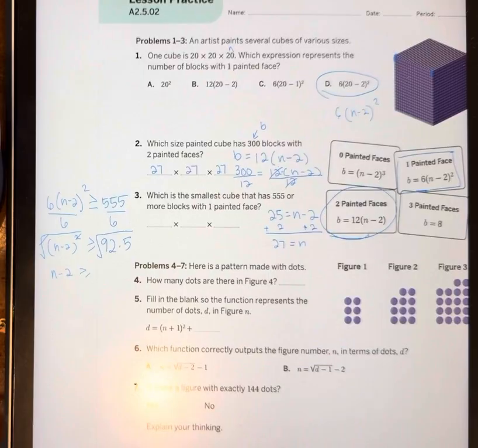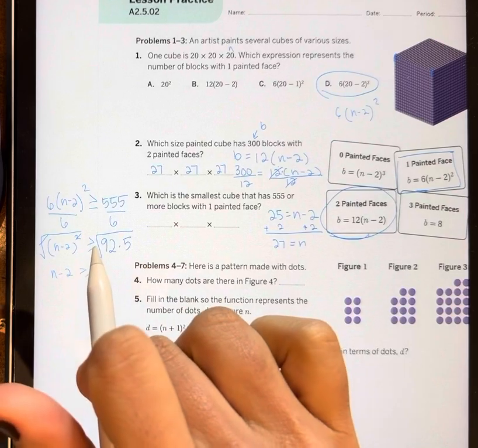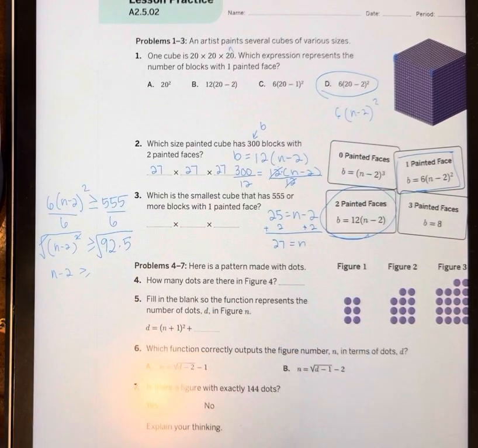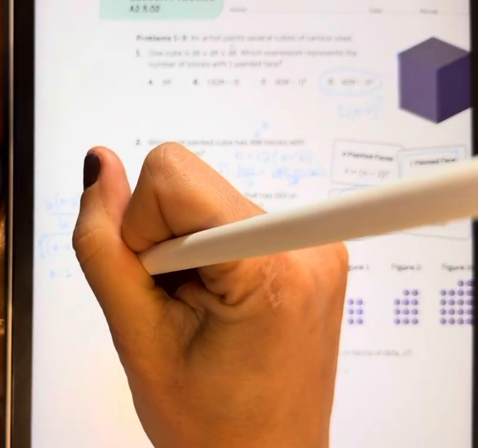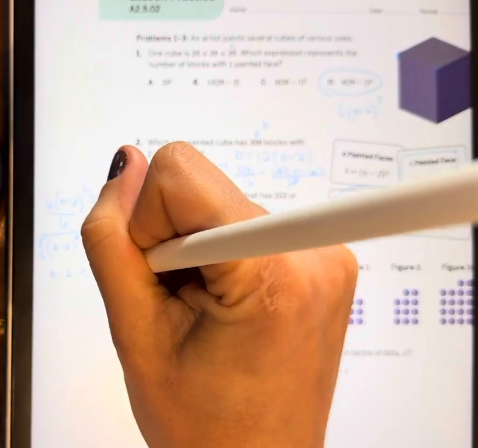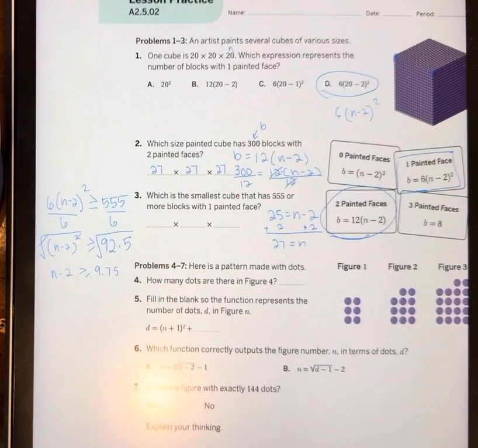So the square root cancels the square, and we have n-2 is greater than or equal to the square root of 92.5. Again, there should be a plus or minus, which then affects this stuff, but we're going to ignore the plus or minus because we know everything's positive. The square root of 92.5 is about 9.75. I totally remember someone doing this in class with their calculator, so don't be super duper impressed.